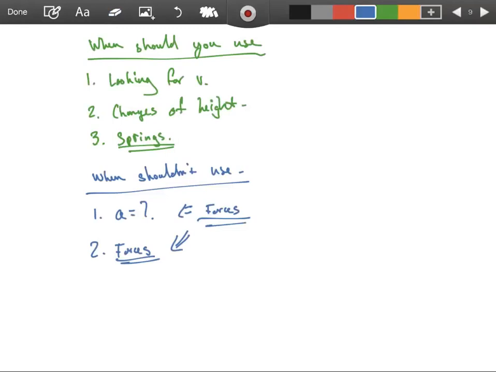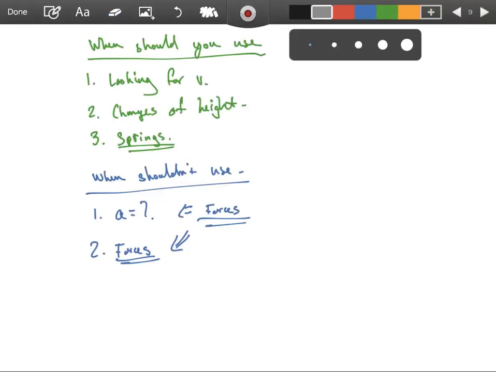These are the times when I don't necessarily want to use it. Again, I can find an acceleration, but I'd have to find the velocity in general first and then take the derivative of that to find the actual acceleration. So it's a lot easier to just use forces in this case.